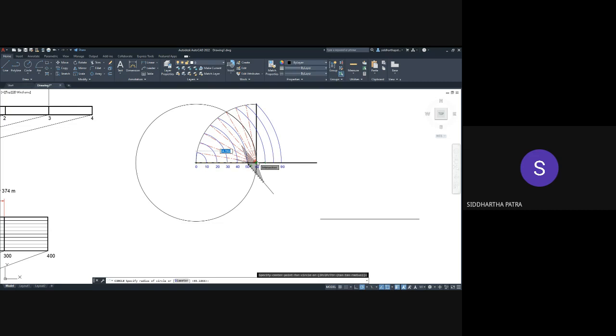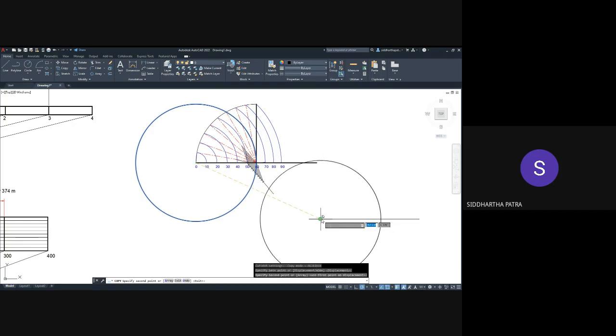So you draw the circle with radius from 0 to 60, and you take the measurement using a compass and draw this circle over here.